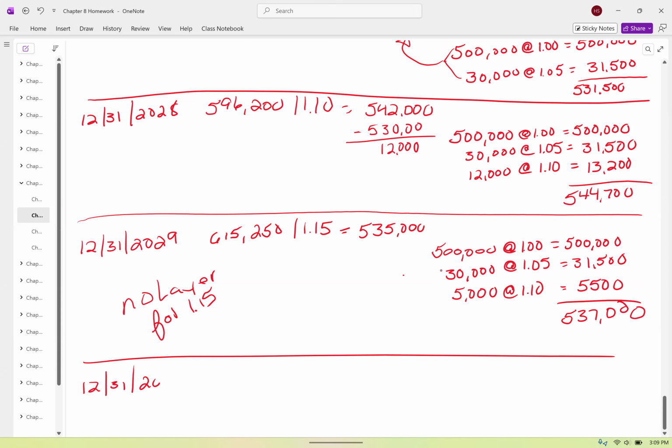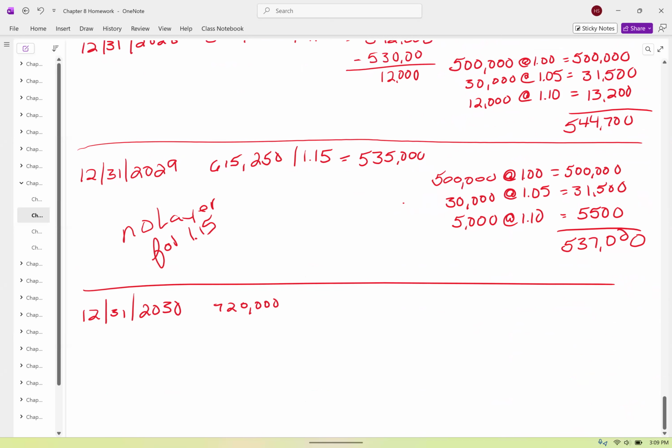12/31/2030. We need 720,000 divided by the 1.25 cost price index. 720,000 divided by 1.25 gives us 576,000. We still have all our layers that we had.